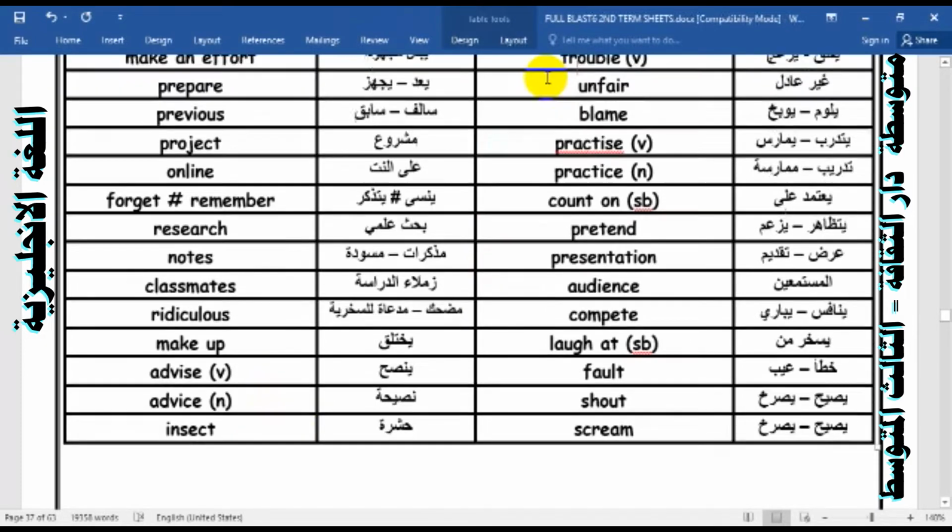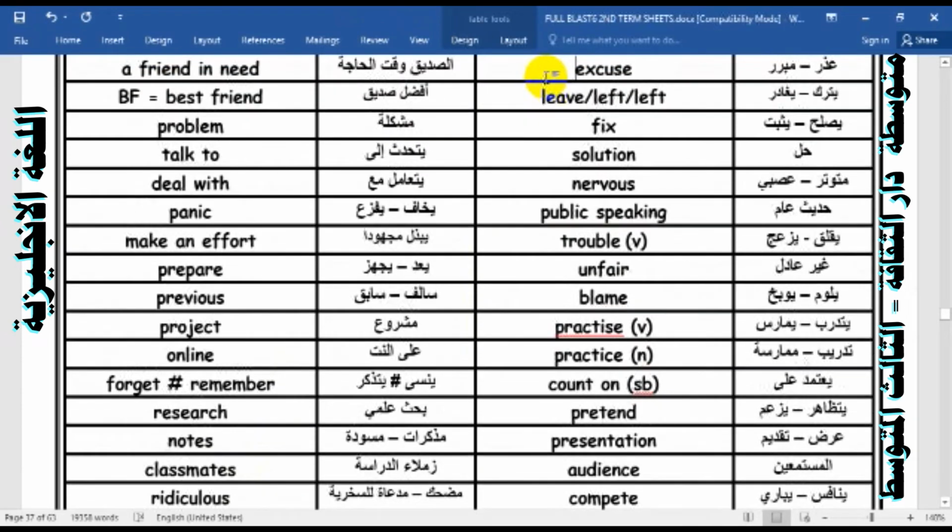The second column. Excuse. Leave, left. Facts. Solution. Nervous. Public speaking. Trouble. Unfair. Claim. Practice.